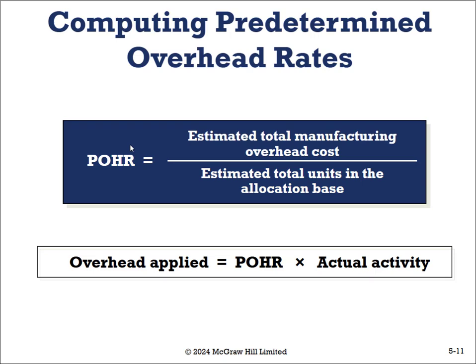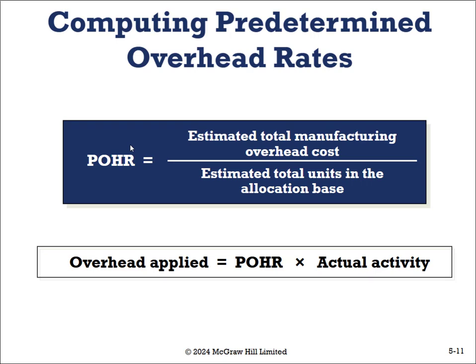We need relatively accurate and, most importantly, timely information. That's because actual overhead for the period is not known until the end of the period, and oftentimes isn't known until after the end of the period. You get your electricity bill after you've used it. You tend to pay salaries a week or two after they've been incurred.